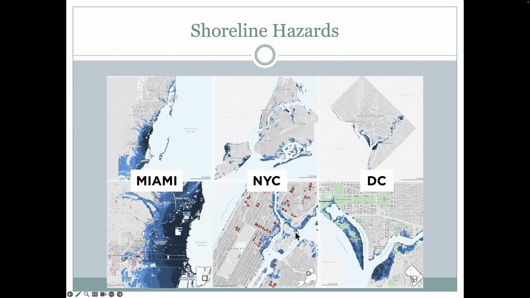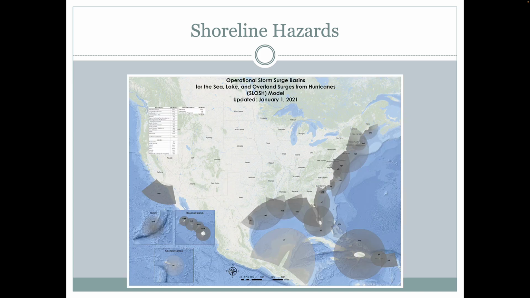New York City also has some areas associated with this, some other very high real estate areas, including the Upper West Side of Manhattan and the Upper East Side of Manhattan, areas that could be impacted by these types of storms. And of course, there's a long history of hurricanes in the United States and a lot of knowledge about how the temperature of the ocean and other things are changing, and these things can be modeled.